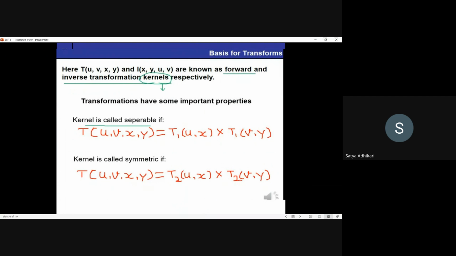Separable is one type of transformation, and symmetric is another type of transformation. So T1 and T2 are two different types of function. That is, their functions are different.